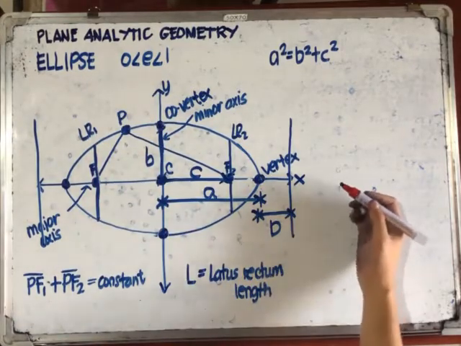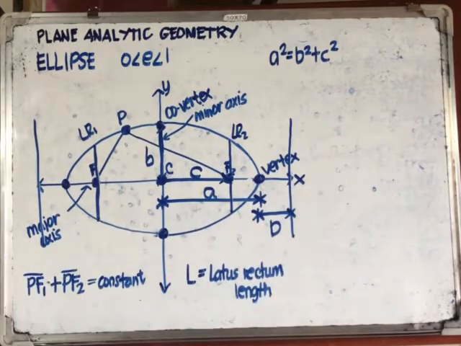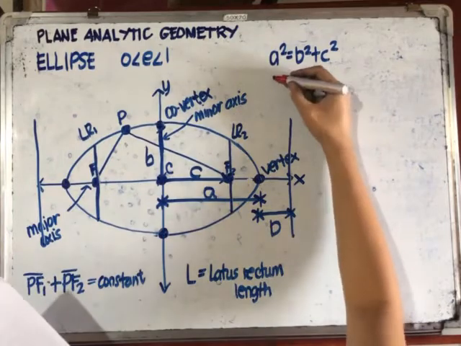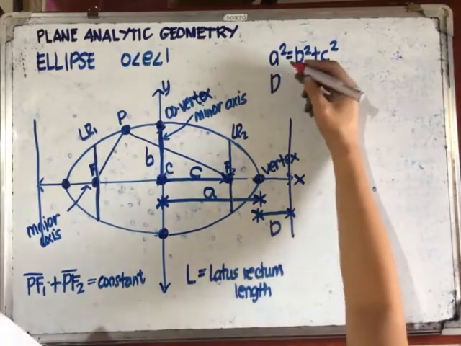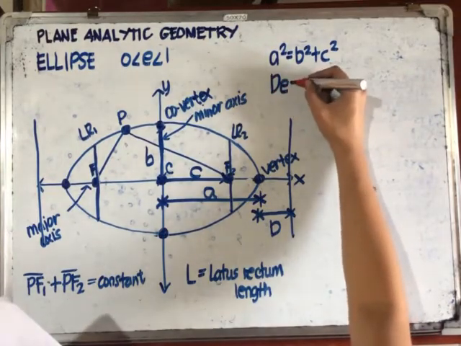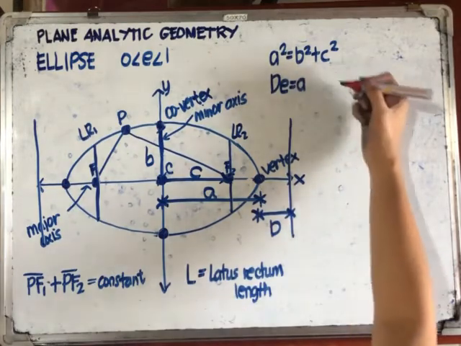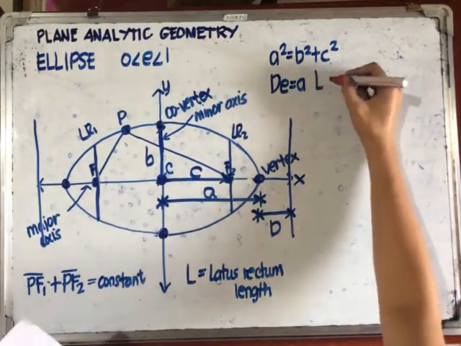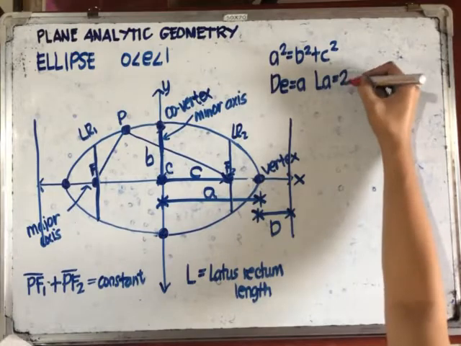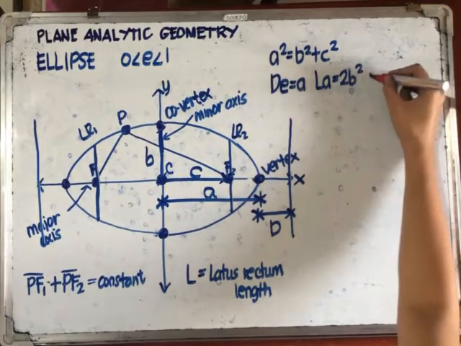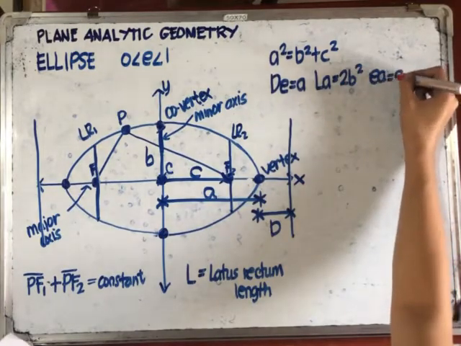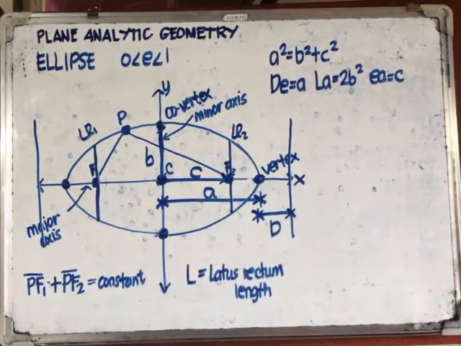Tapos, itong set na to ng formula ang hindi ko kinakalimutan when solving for conic sections. You have, hindi ko na siya i-derive isa-isa ha, because this is a review subject and not a basic analytic geometry. So, ayan. Yan yung tinatandaan kong formula.